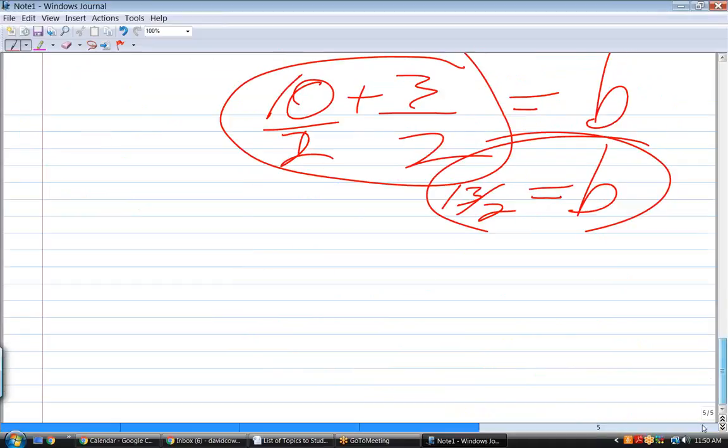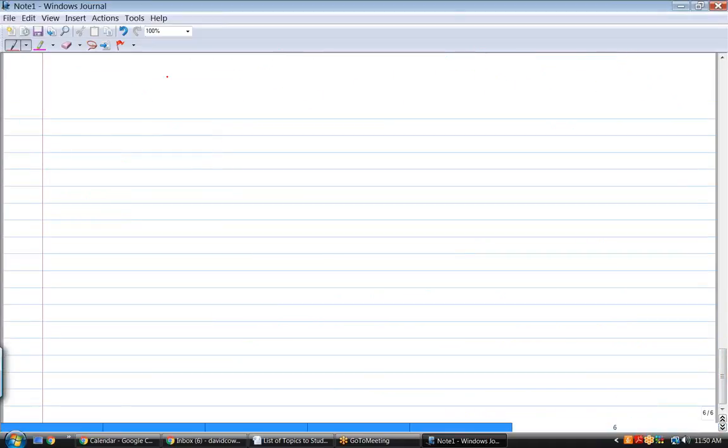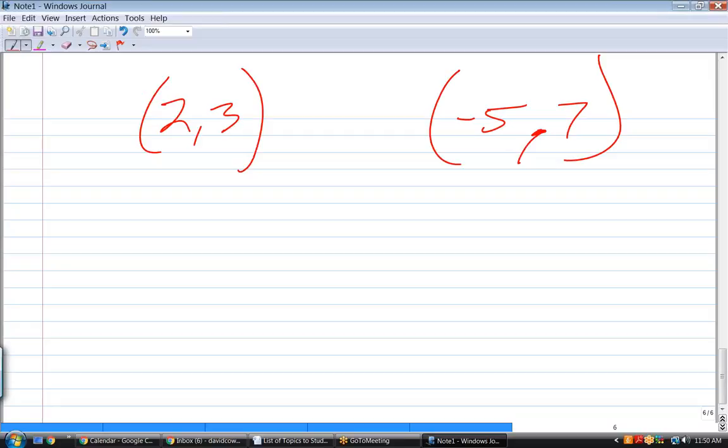When they start out a problem by giving you 2 points, obviously the very first thing you want to do is calculate slope. That's the most important thing. Always remember, slope is the most important thing. It's going to be in geometry and trig and calculus and pre-calculus. It's just that important. So remember slope.